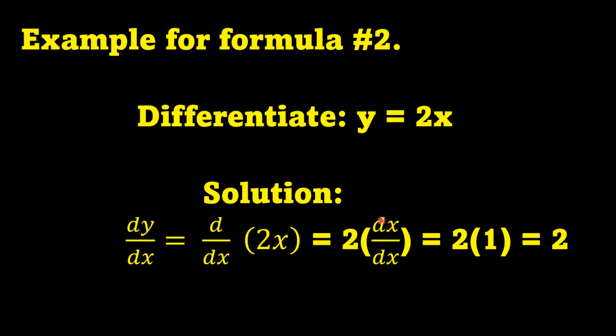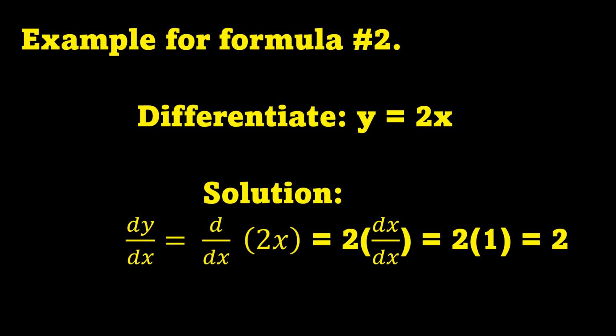As the rule says, we write the numerical coefficient first before we find the derivative of the variable or the power. So the derivative of x with respect to itself is 1. So 2 times 1 equals 2. Our final answer is 2 as the derivative of 2x.